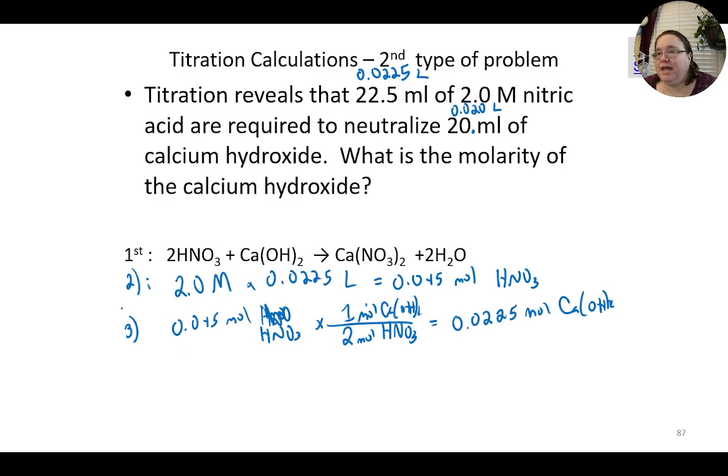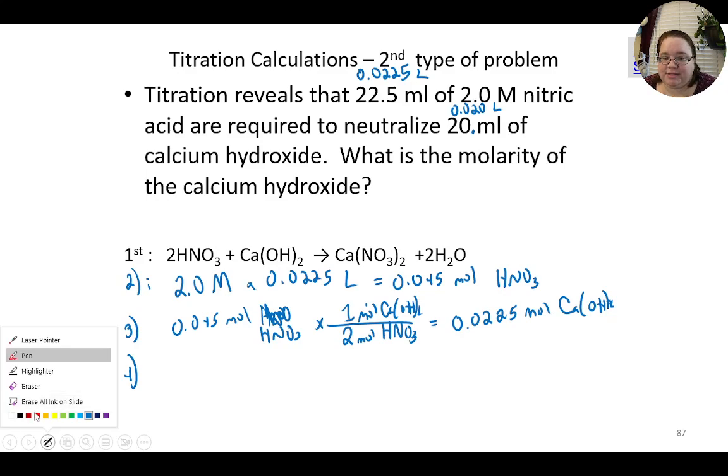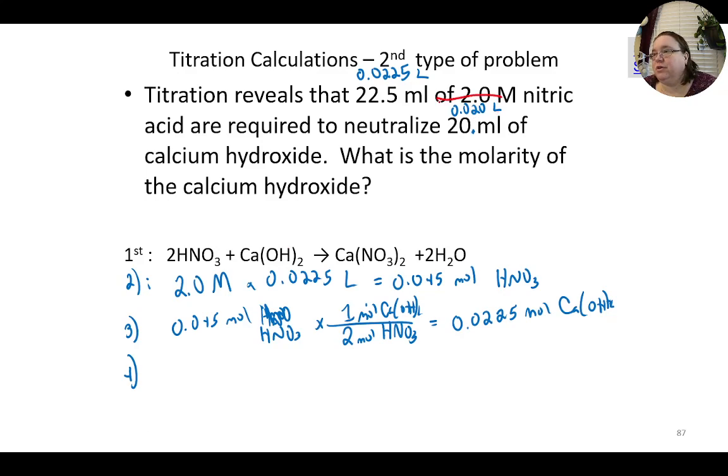All right. Now that I got my moles of my base, I can determine the molarity of my unknown. So it tells me that we used 20 milliliters in our solution. So 0.0225, my moles divided by my liters will give me my molarity.